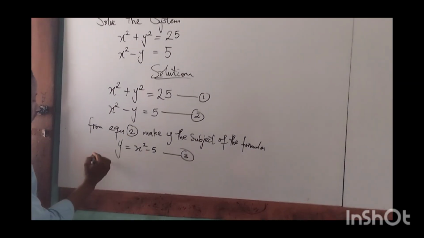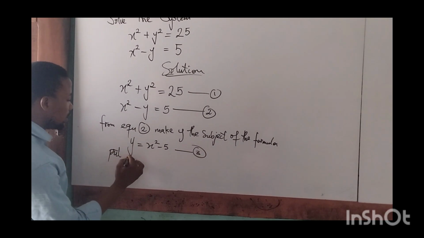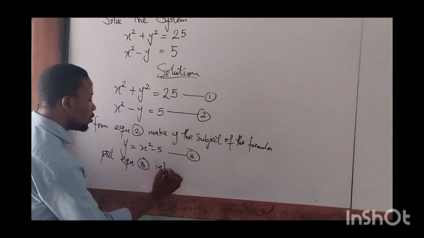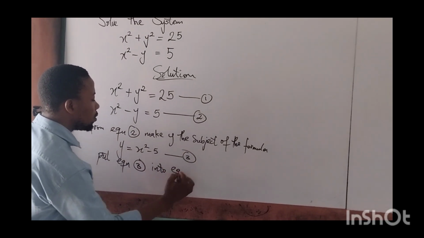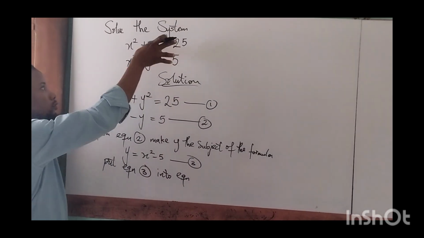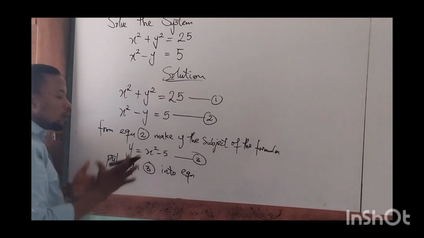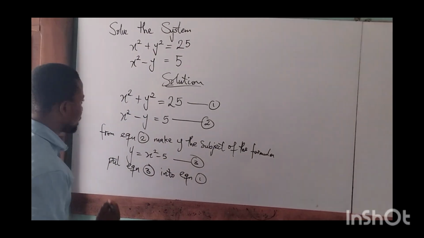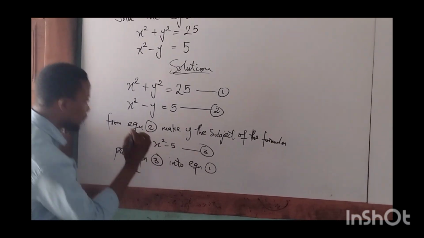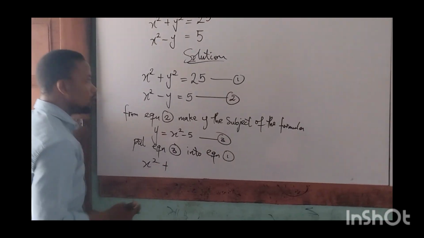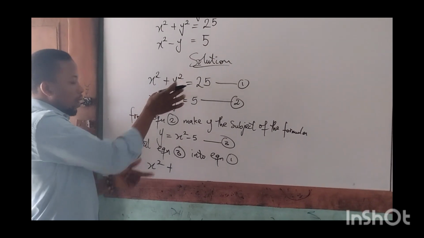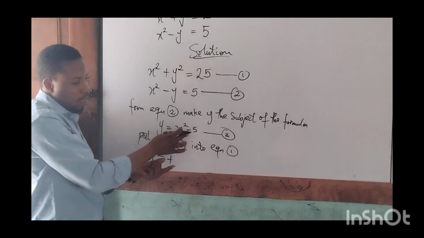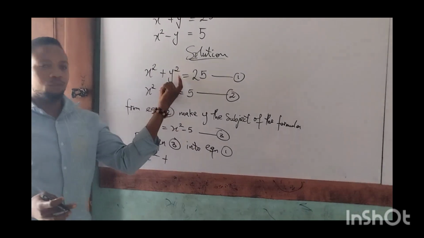I can now put equation 3 into equation 1. So if I put this into this equation, I'm going to have x squared plus, this place is y squared, and my y is equal to this. So I'm going to put this x squared minus 5 into this place.